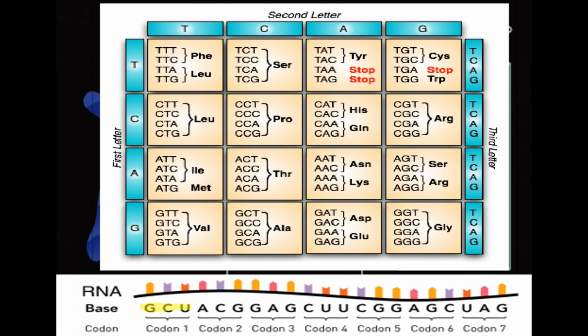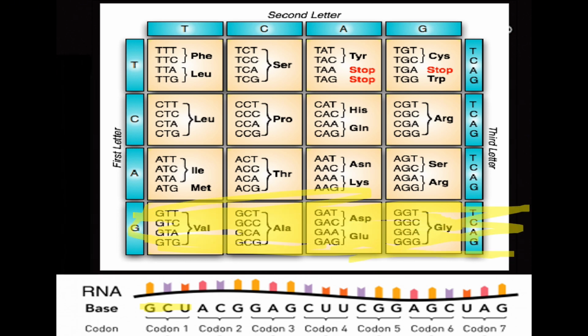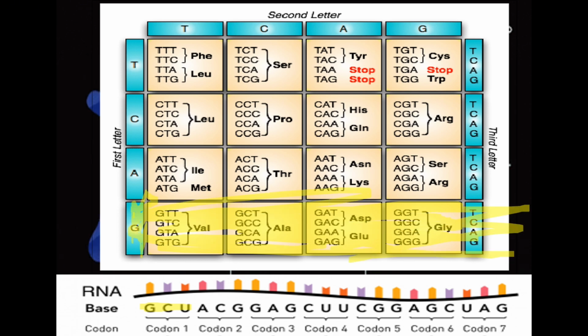The first letter is G, so I go to that whole section. Then the second letter is C. Let's change it into green. So this is the first letter and this is the second letter.